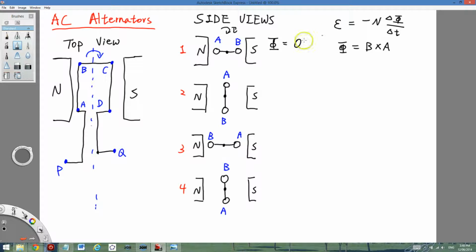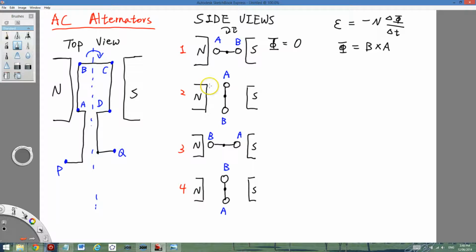It will be 0 because when it's flat, the area lies parallel to the direction of the magnetic field. There's no area that interacts with the magnetic field. The flux is 0.